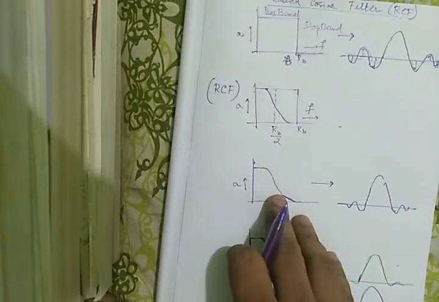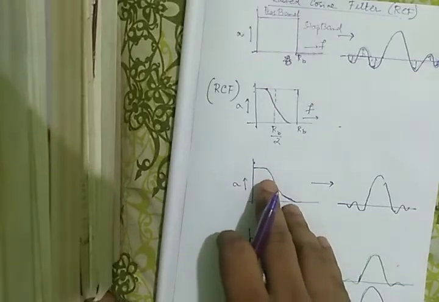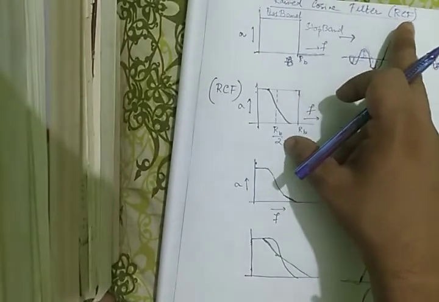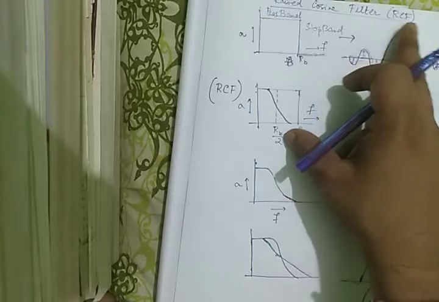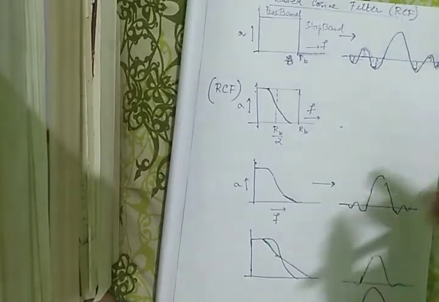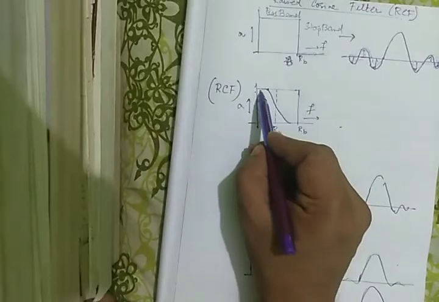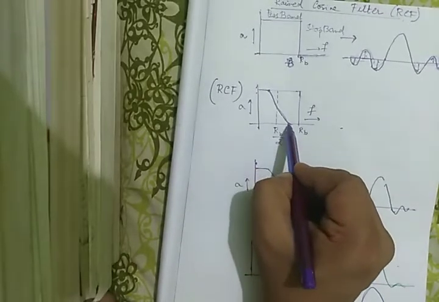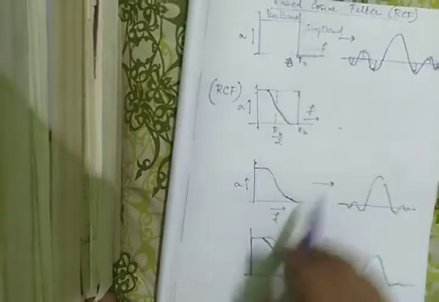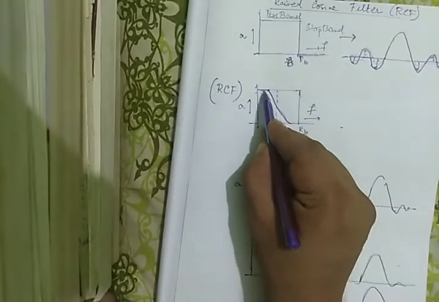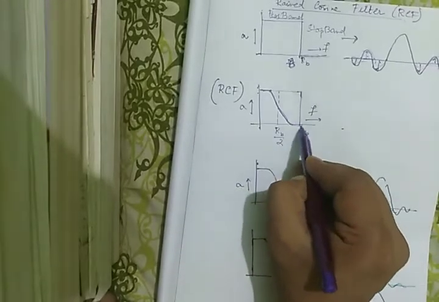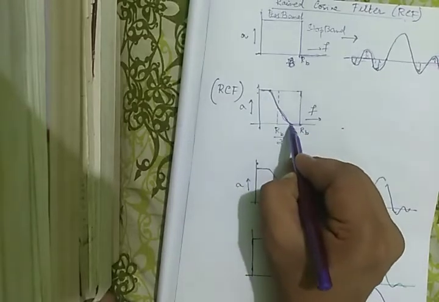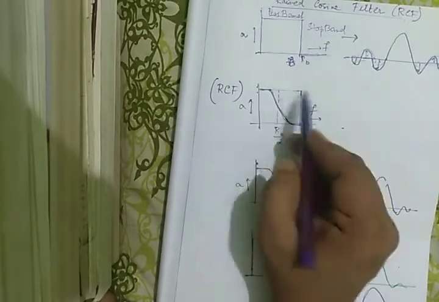So what basically is an RCF? First we will discuss what a raised cosine filter is. It looks like this. This is the frequency spectra of a raised cosine filter. This slant line is basically the frequency spectra of a raised cosine filter.